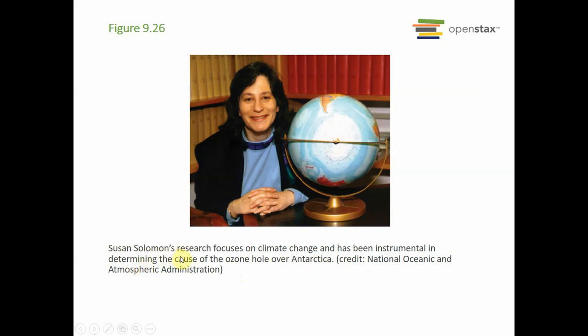I've met him. He determined that there should be a hole based on the fate of freon, and then using the government's satellite data was able to show that there was in fact a hole over Antarctica, but that data had been ignored by the government because they thought it was wrong.